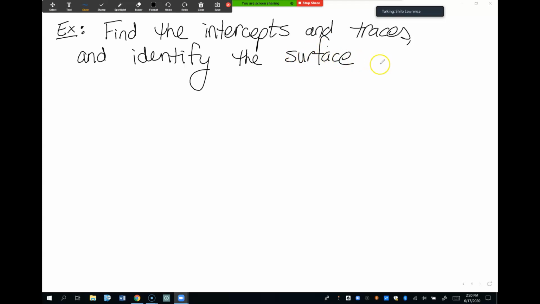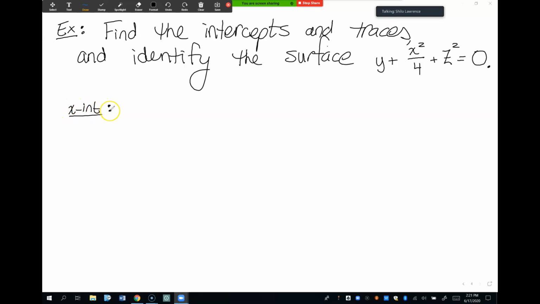For this one, we are going to have y plus x squared over 4 plus z squared equals 0. This guy's going to be fun. I have no clue what it is right now, not until I find my traces. But we're going to start with our intercepts.